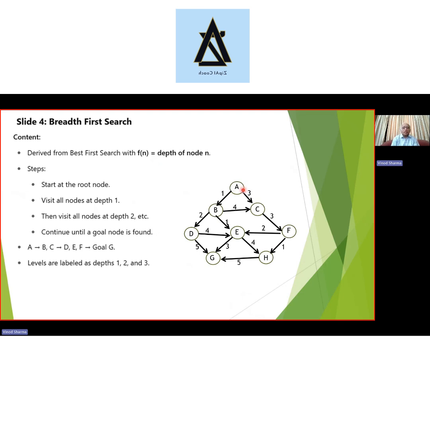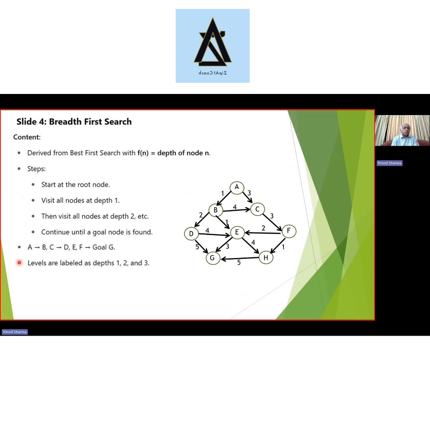So in this case, you are at A. There are 2 nodes at depth 1. Those nodes are B and C. You can come to B, and then you can come to C as well. So all nodes at depth 1 you will visit. After finishing that, then all nodes at depth 2 you are going to visit.